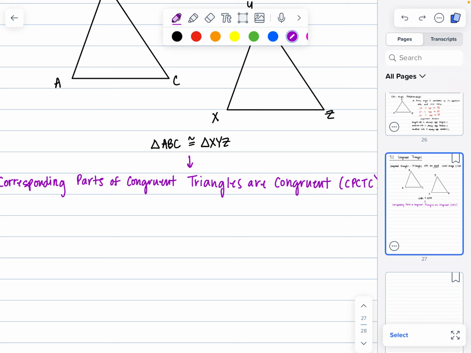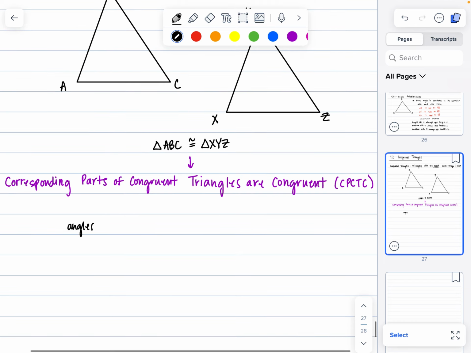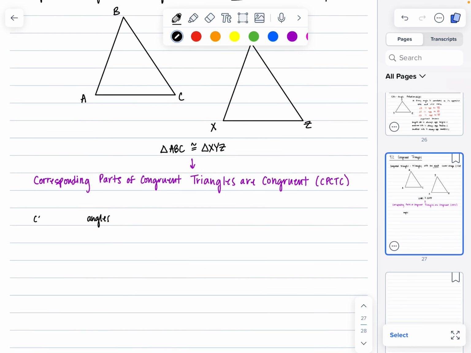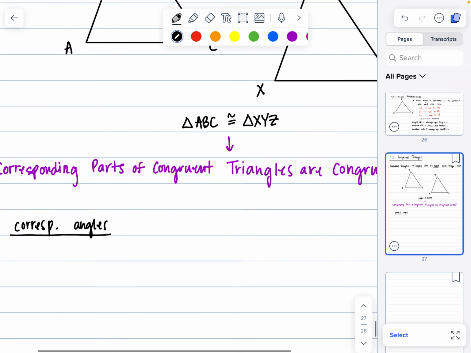If you notice, angle A, so let's talk about angles, and specifically, corresponding angles. Corresponding angles is based off of its name.